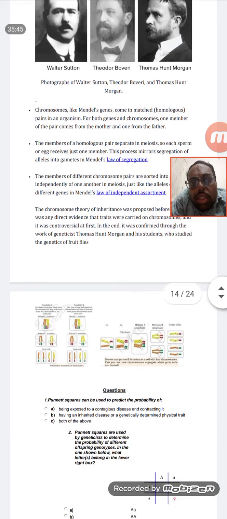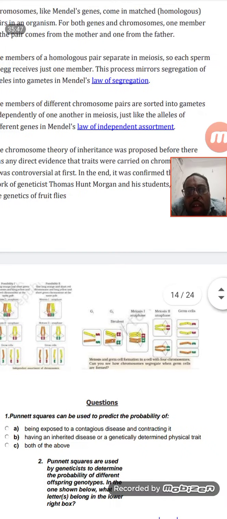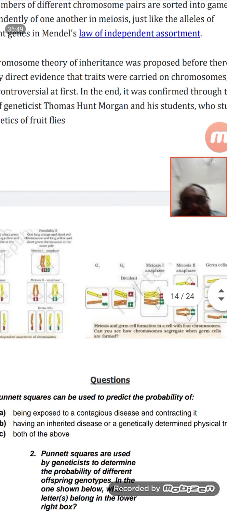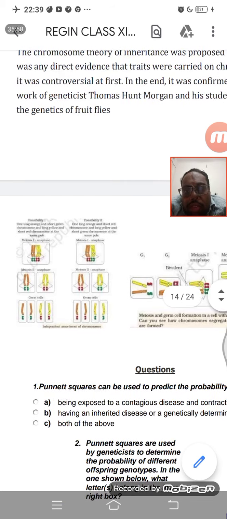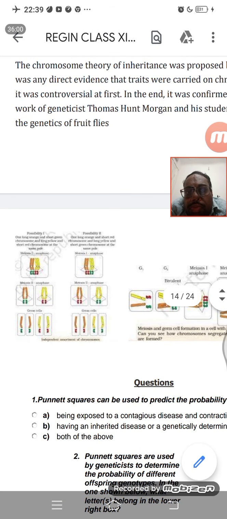So in the chromosomal theory of inheritance, the concept is this. Whenever the gametes are forming through meiosis, either the same chromosomes will form as gametes.